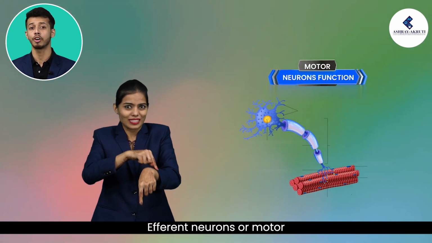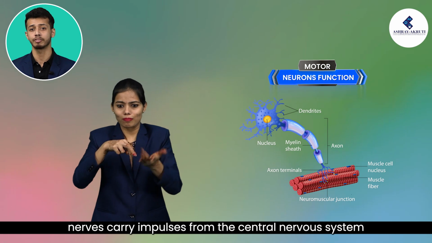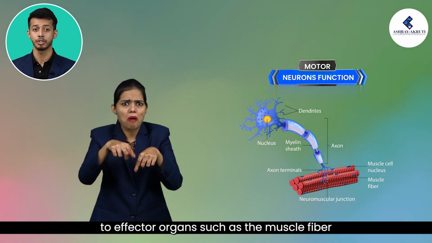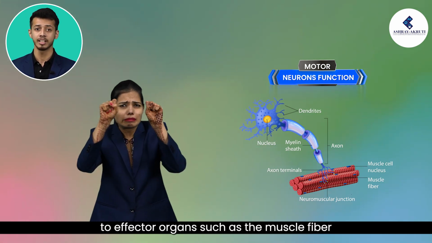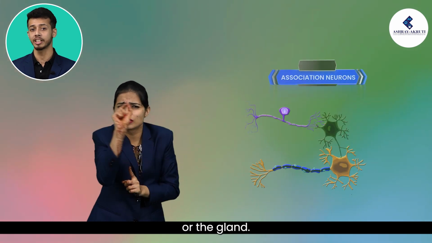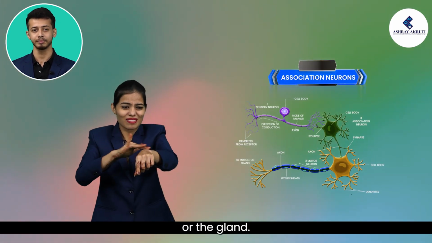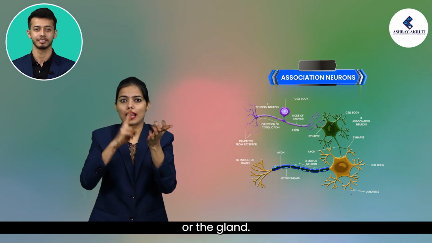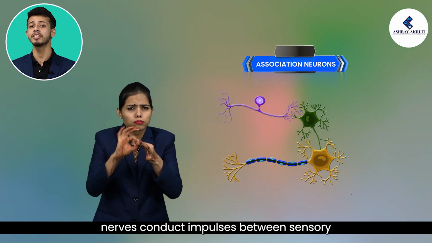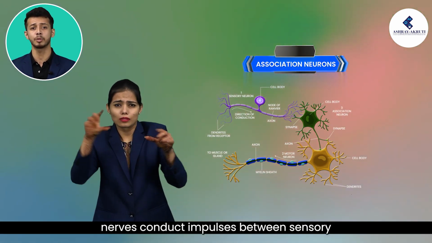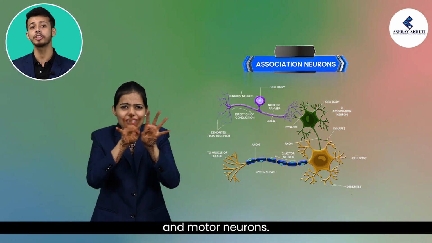Efferent neurons or motor nerves carry impulses from the central nervous system to effector organs such as the muscle fiber or the gland. Association nerves conduct impulses between sensory and motor neurons.